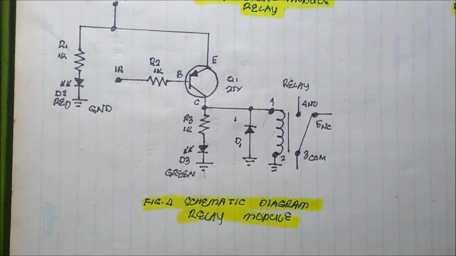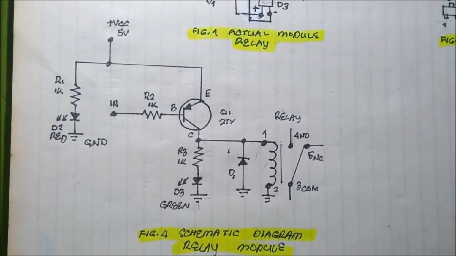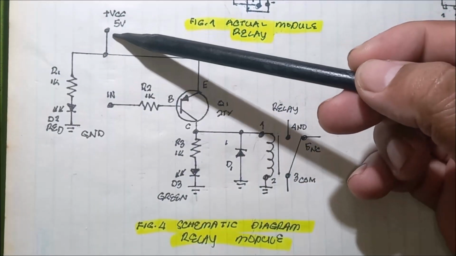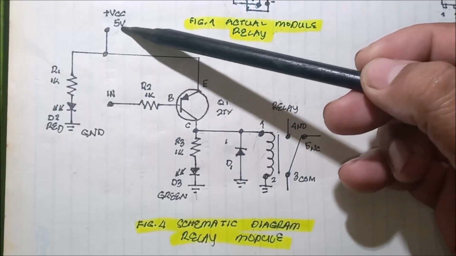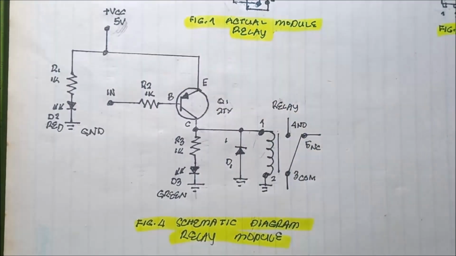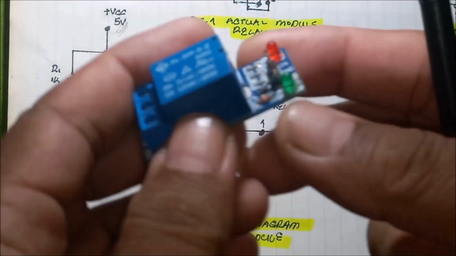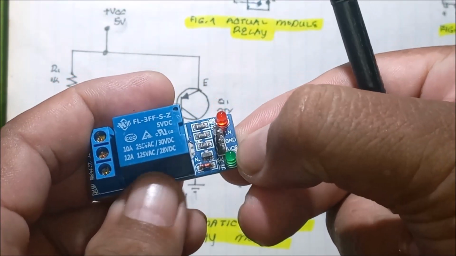For the relay, why is it that the VCC is 5 volts? Why do we need to use 5 volts for this VCC 5 volts?